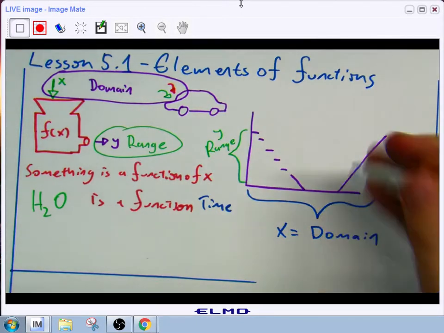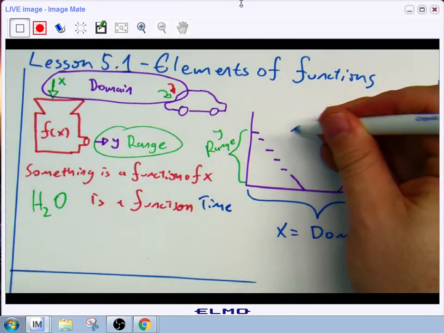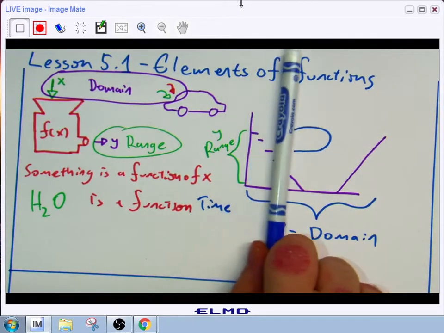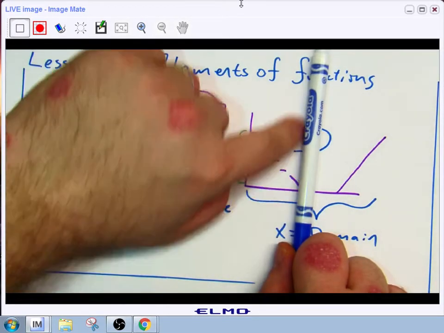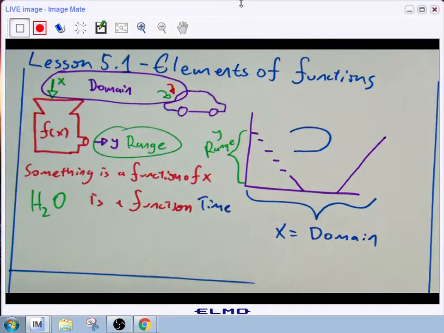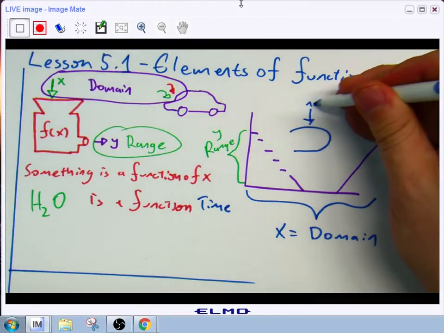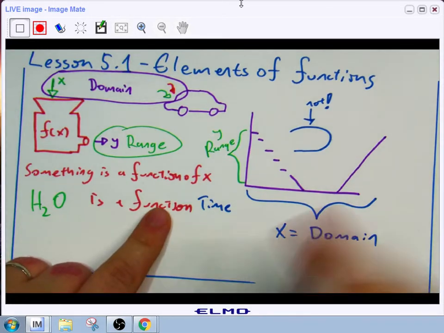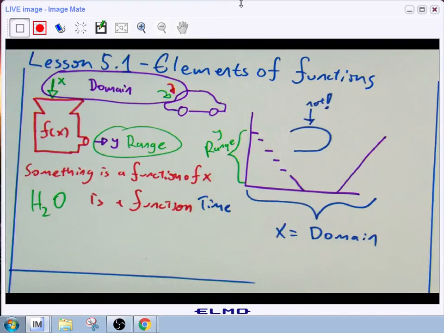If we had something like this, say that was some relationship, and we pass it across, we see that it crosses the line more than once, this would be not a function. Whereas the purple line is a function. Does that make sense? Domain, range, you guys have this in your notes? If you don't have it in your notes, you can watch the video again. But that should be sufficient for you guys to do your homework tonight. See you tomorrow.